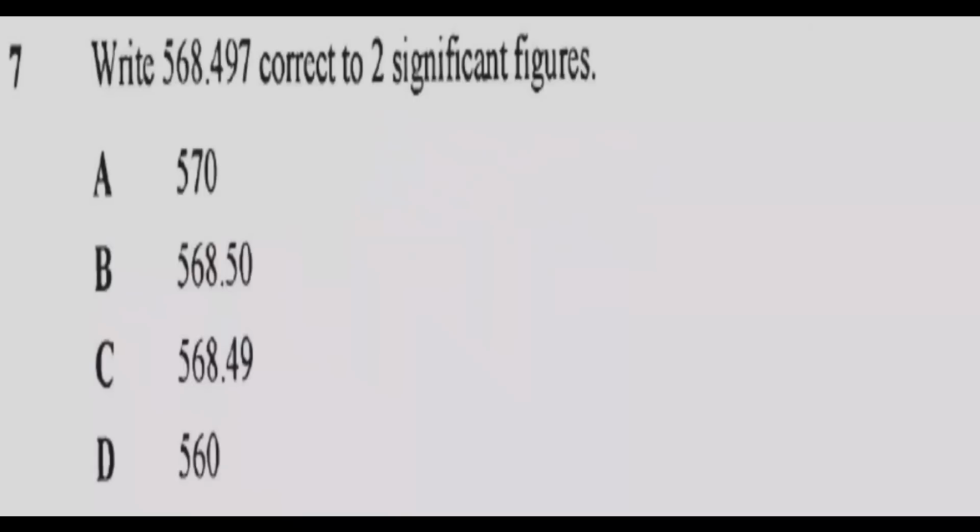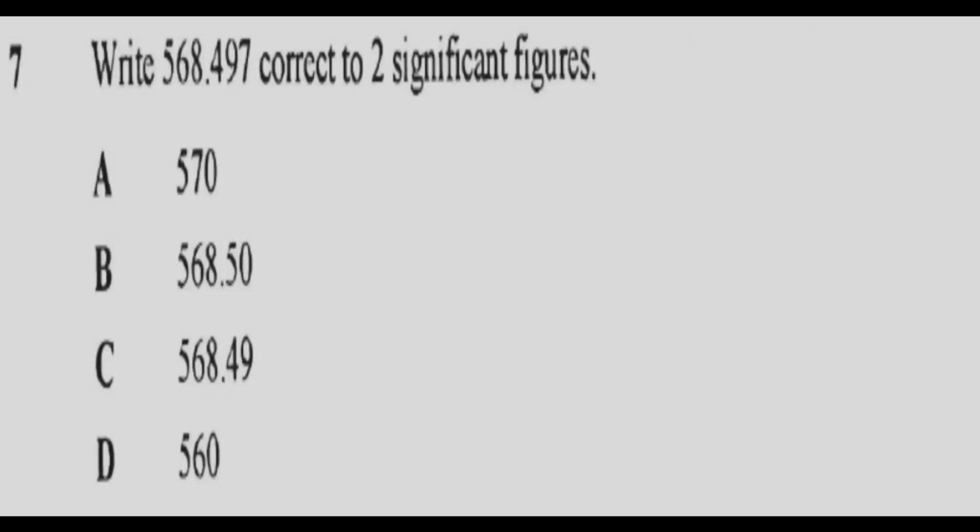Question 7 was as follows. Write 568.497 correct to 2 significant figures. So what we're going to do is round off the number.